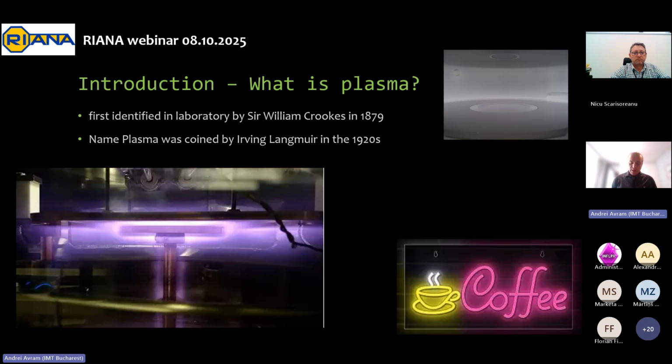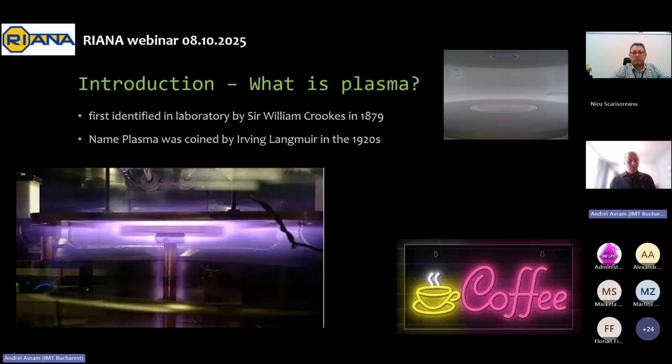So he basically had this neon gas inside a tube at very low pressure, and he applied DC current between two electrodes, and he actually got the gas glowing. And he realized that this is kind of an ionized gas, which was glowing red, and he was so fascinated by this color that he associated it with the blood, and this is where the name plasma came from.